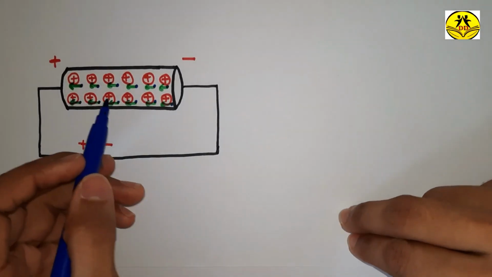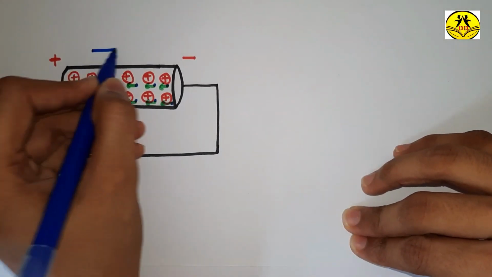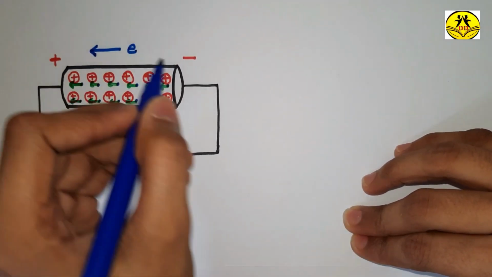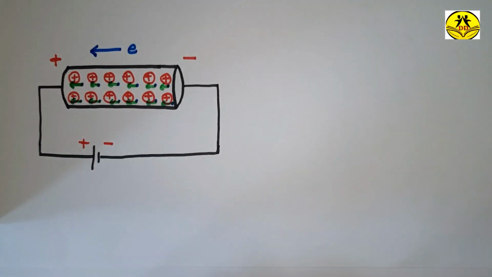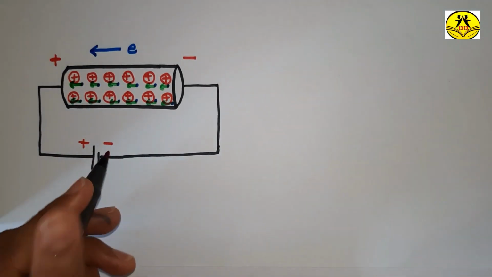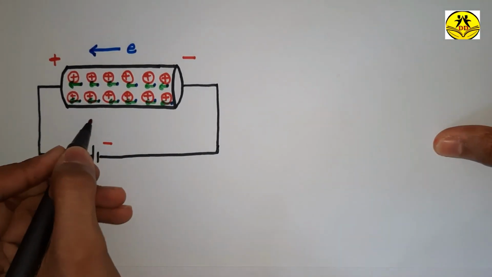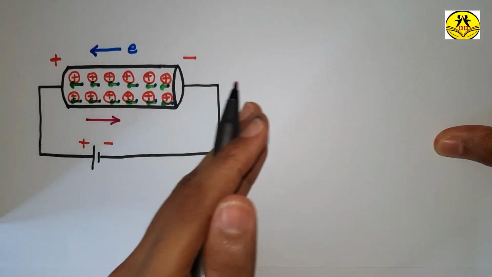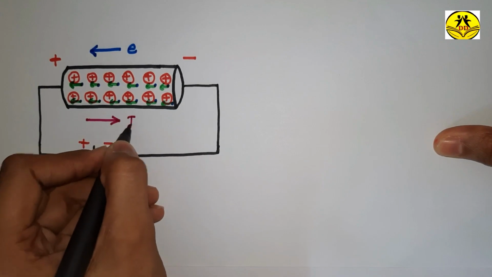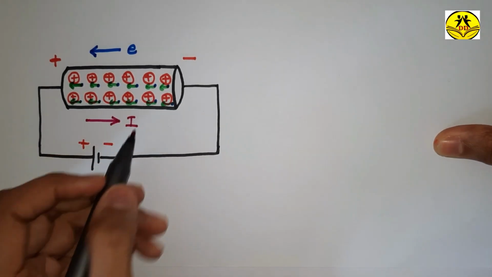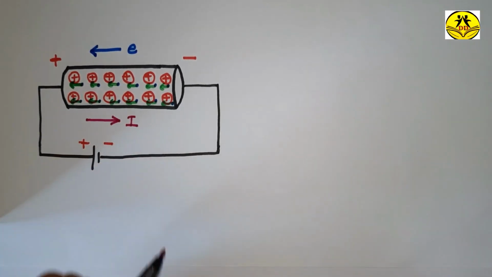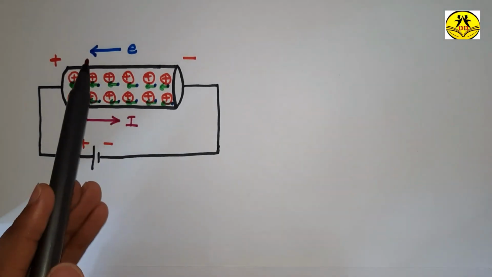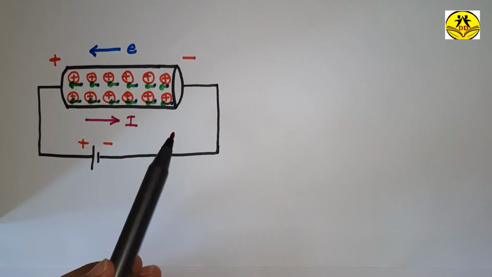Here the direction of electron flow is against the field, from negative to positive. But the direction of conventional current is from positive to negative, towards the direction of the field. This is the direction of conventional current. So always the direction of conventional current is opposite to the direction of electron flow.